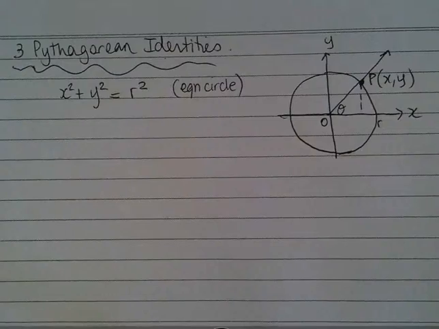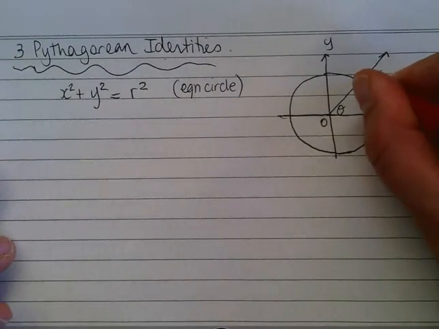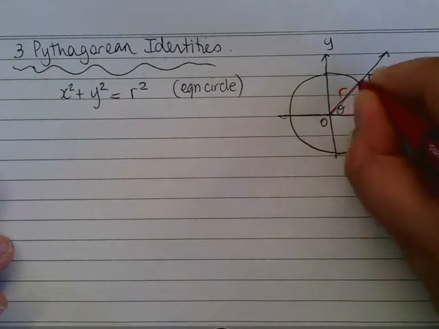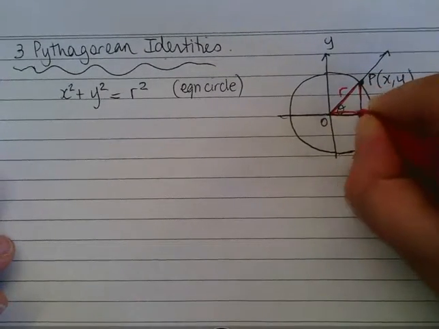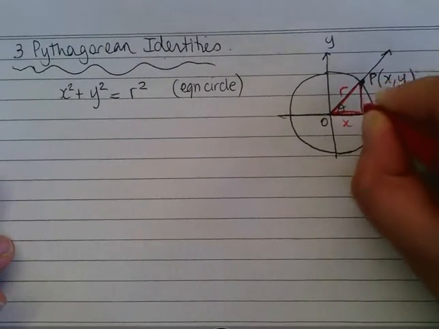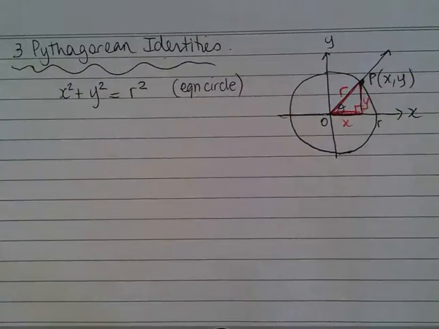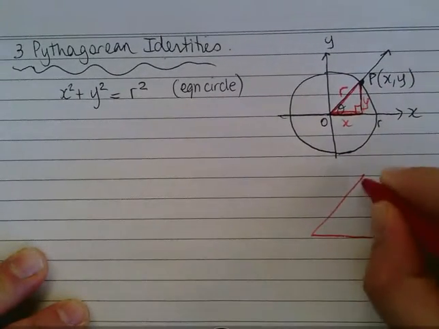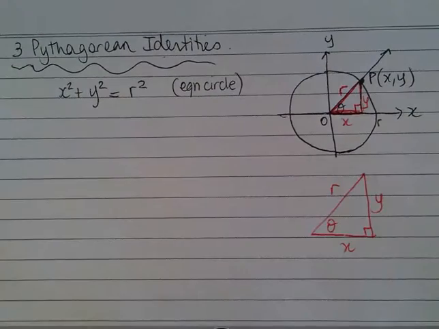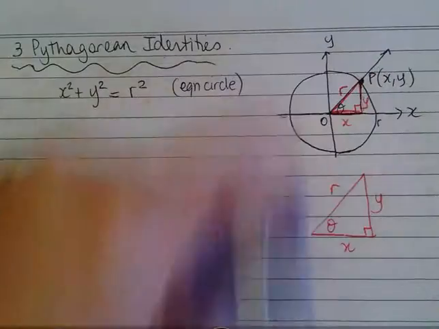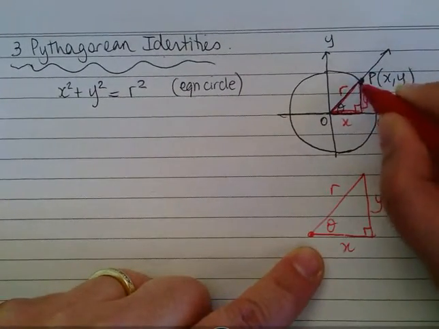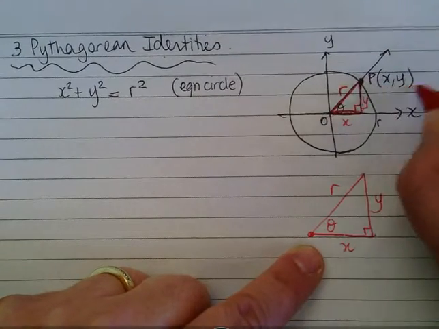On my diagram, I've got this point P on the circle, and this is my radius. I'll draw a right angle triangle. If this is the point P, x, y, then this is x units across and y units up, and I've got a right angle triangle. I'm going to draw it again a bit bigger here, with x, y, and r. That's my center 0, and here is a point P on the circle with coordinates x, y.